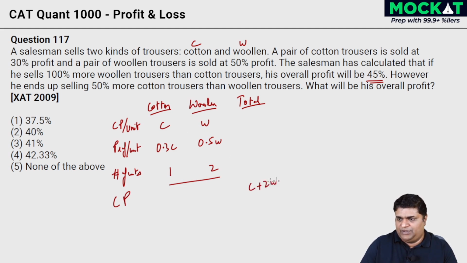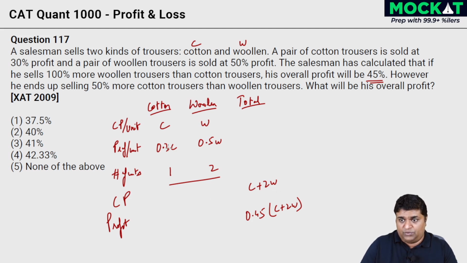C plus 2W. Next up, what are we told over here? That the overall profit will be 45%. So the overall profit is going to be 45% of this, which is 0.45 into (C plus 2W). But I can also individually find out the profits.